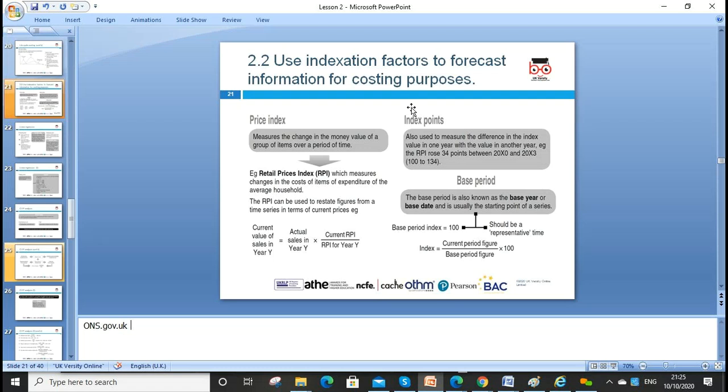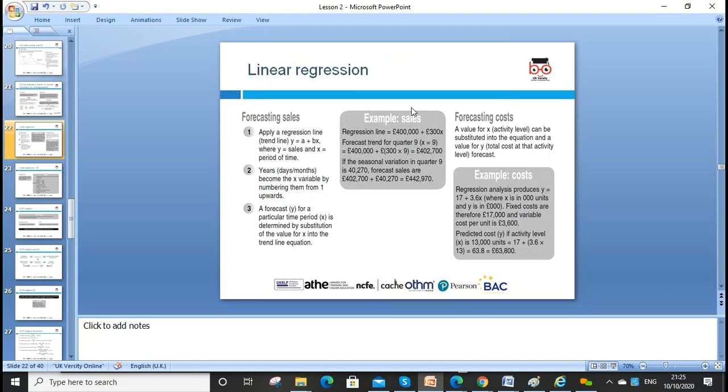The base period is known as the base year in which we calculate. The base period index is 100 and should be a representative time period. The current period figure is at the moment, the base is the base year when we start, and we times by 100. So we can calculate these index numbers.